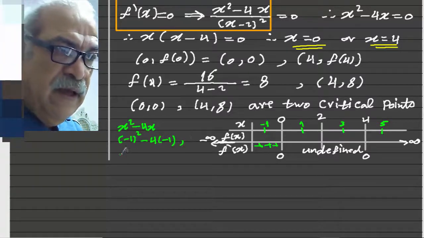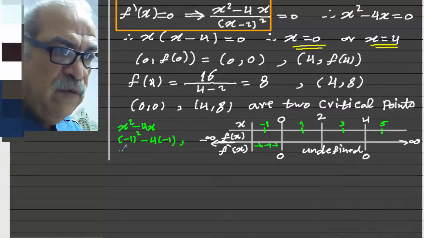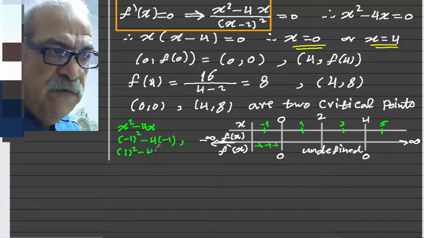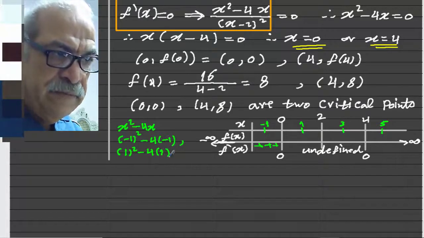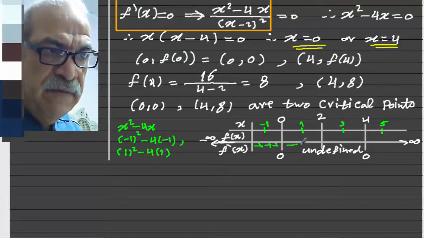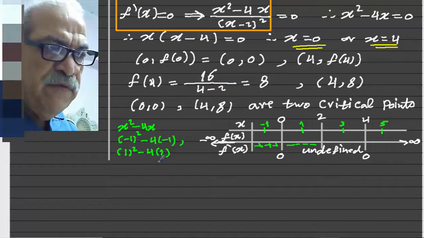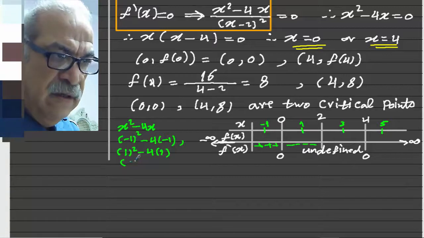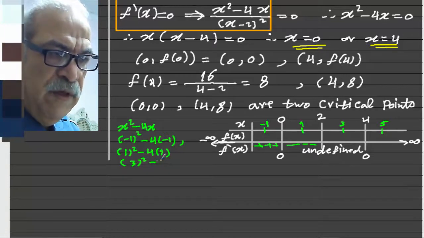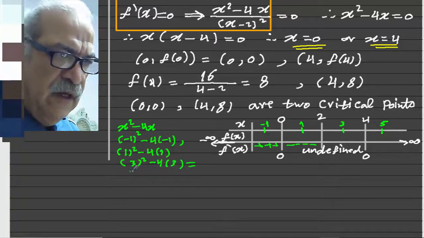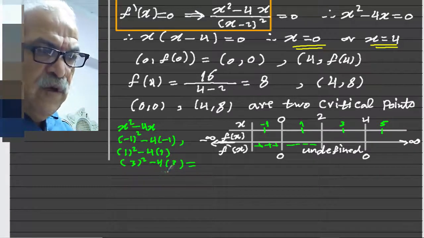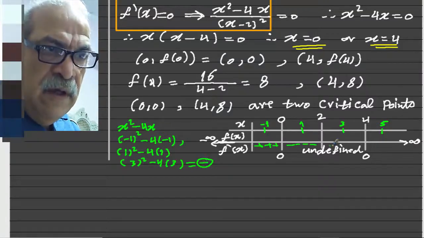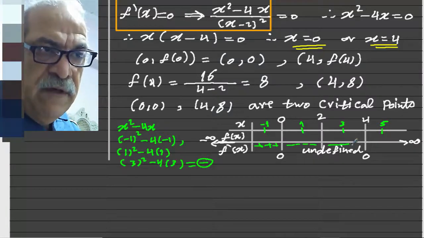Okay, and when x equals 1, we write 1 to the power 2 minus 4 multiplied by 1, it is equal to negative 3, right? And we take 3 here, 3 to the power 2 minus 4 multiplied by 3. It is 9 minus 12, it is negative 3. Here it is negative.